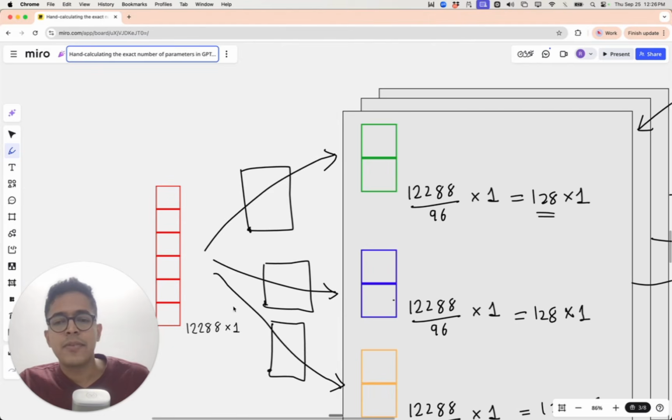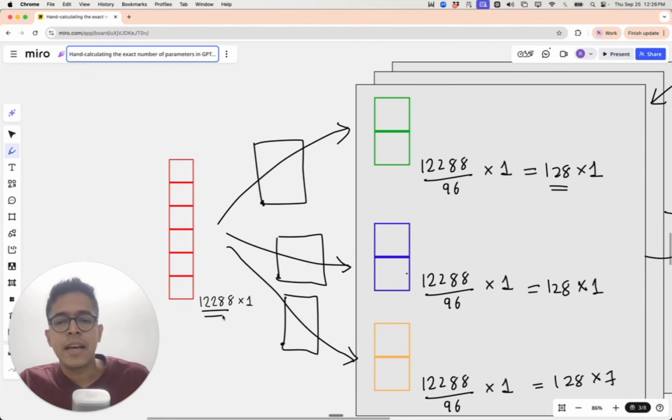So how do you transform something with 12288 dimensions to something with just 128 dimensions? Here you have the query vector, key vector, and value vector. To perform this transformation, you will have a bunch of weights for query, a bunch of weights for key, and a bunch of weights for value. So let's calculate that.